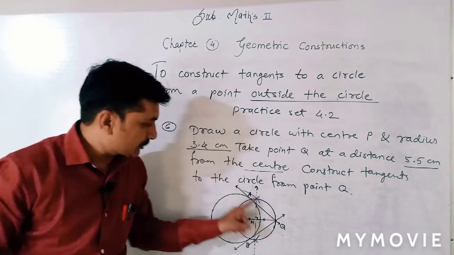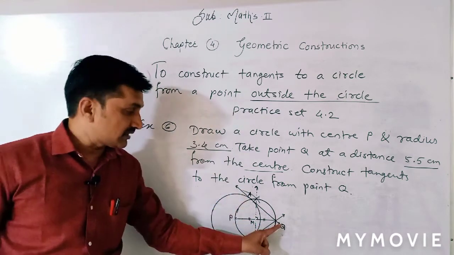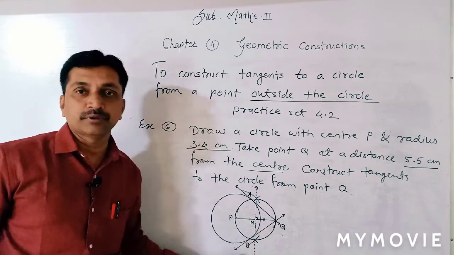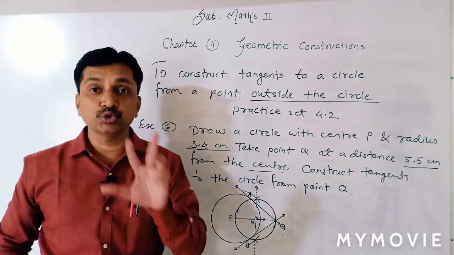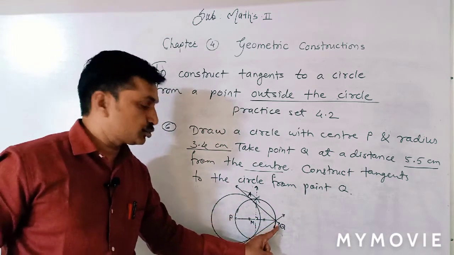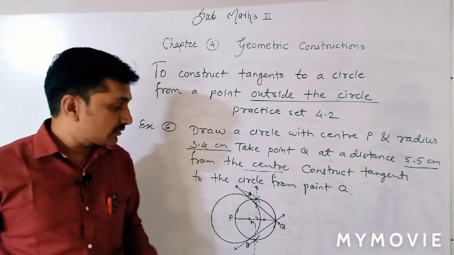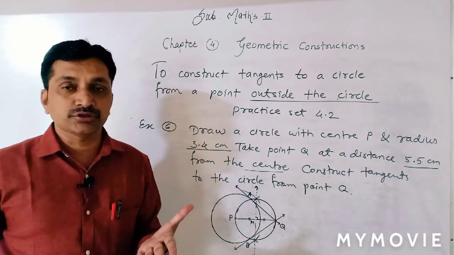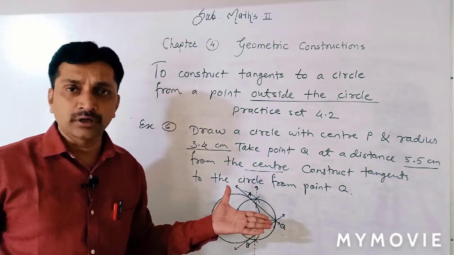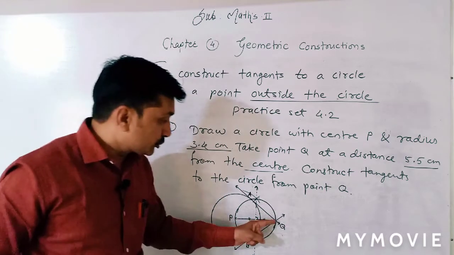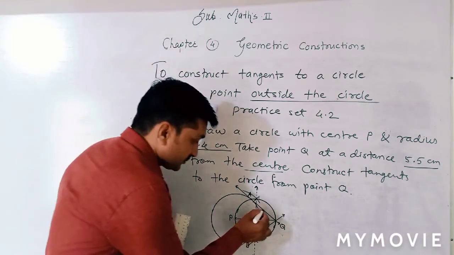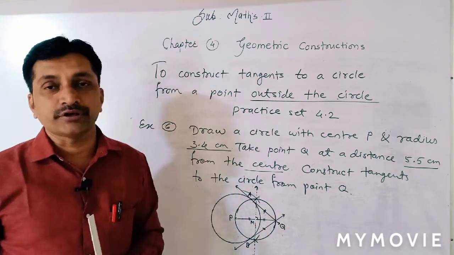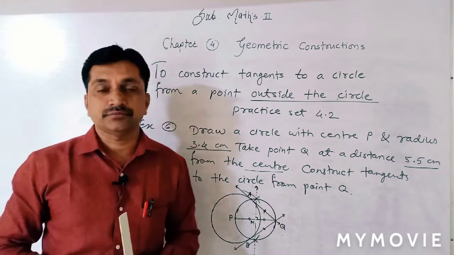Now line QA is a tangent passing through Q, and QB is a tangent passing through Q but from B. Then QA and QB are two tangents passing through point Q. And one property is there: tangent segments drawn from an external point are always equal. If it is asked in a question to write your observation about tangents, then our observation will be QA is equal to QB. Always QA and QB will be equal, meaning these are tangents drawn from an external point. This is the procedure of construction.